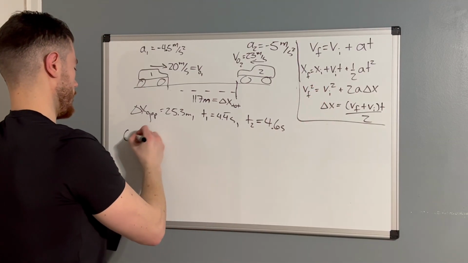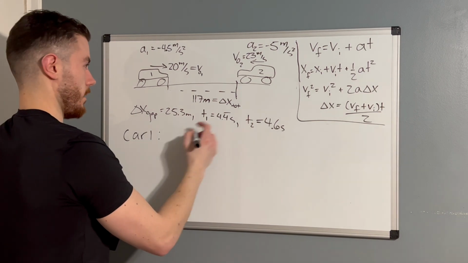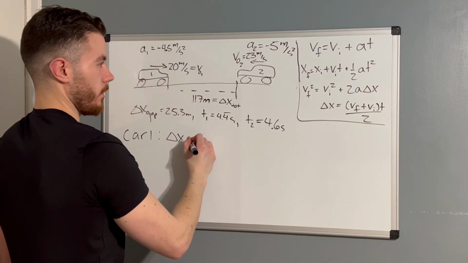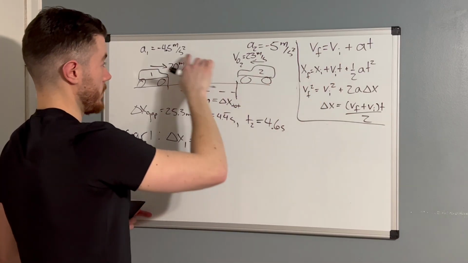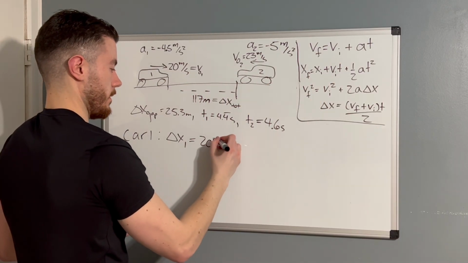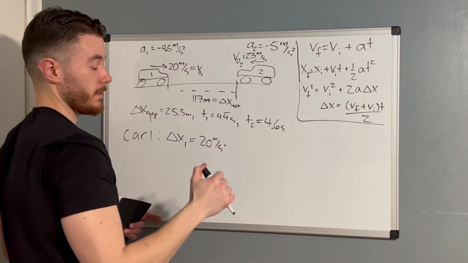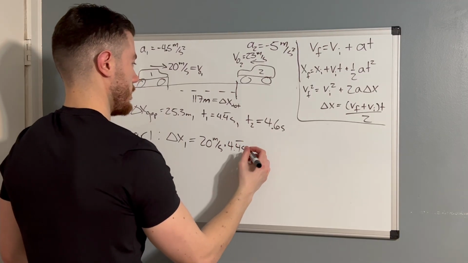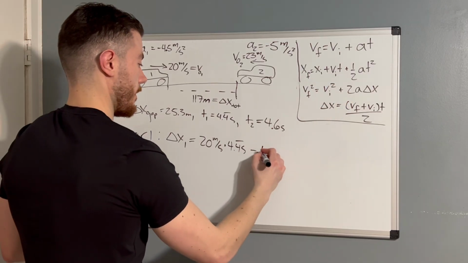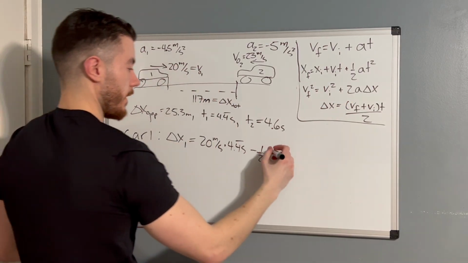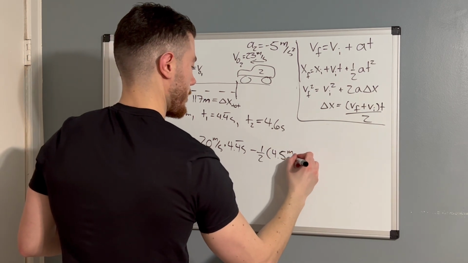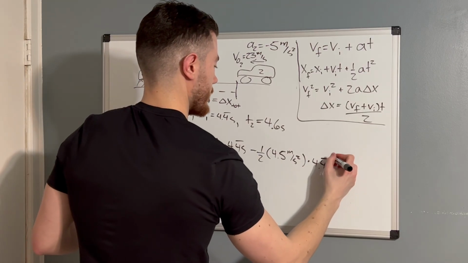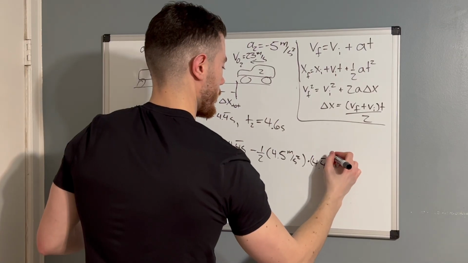Let's convert the times into space using this second equation. So first for car 1, I'll subtract x initial from both sides and just call it delta x1 for car 1 is equal to initial velocity, 20 meters per second, times the amount of time it takes for it to come to a stop, 4.4 repeating seconds, minus 1/2 times 4.5 meters per second squared, again times 4.4 repeating seconds squared.